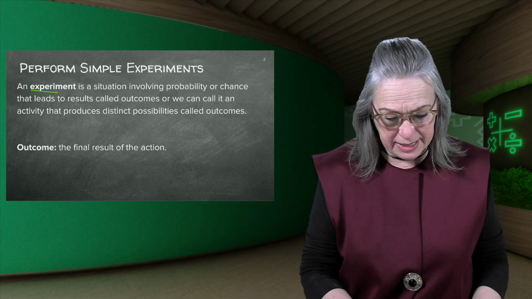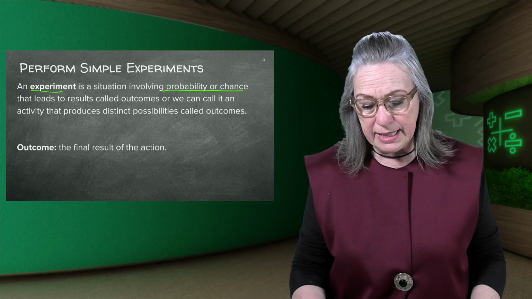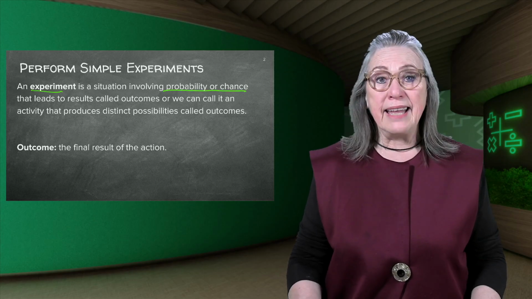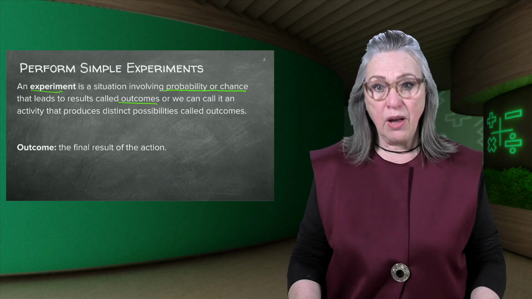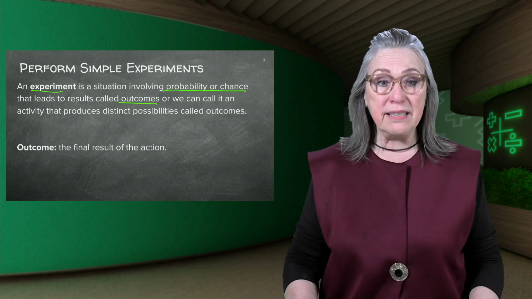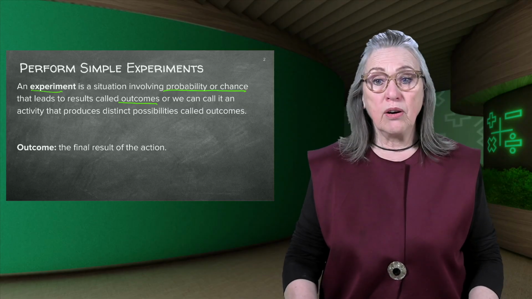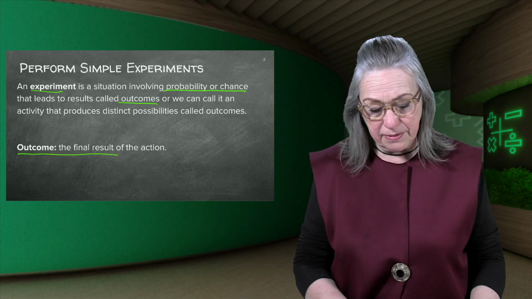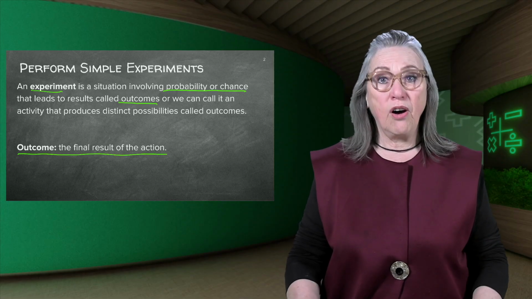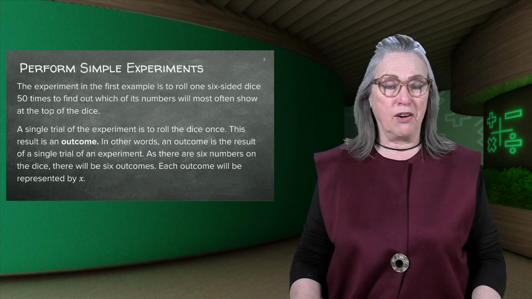An experiment is a situation involving probability or chance that leads to results called outcomes. Or we can call it an activity that produces distinct possibilities called outcomes. Now, an outcome is the final result of the action. Don't worry, you will understand as we go along.